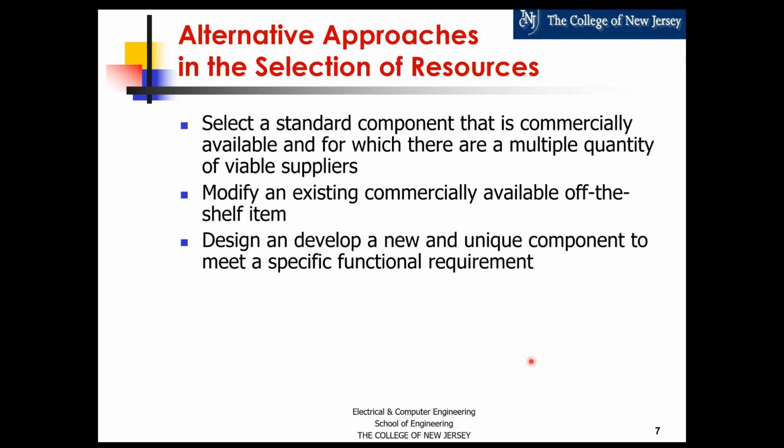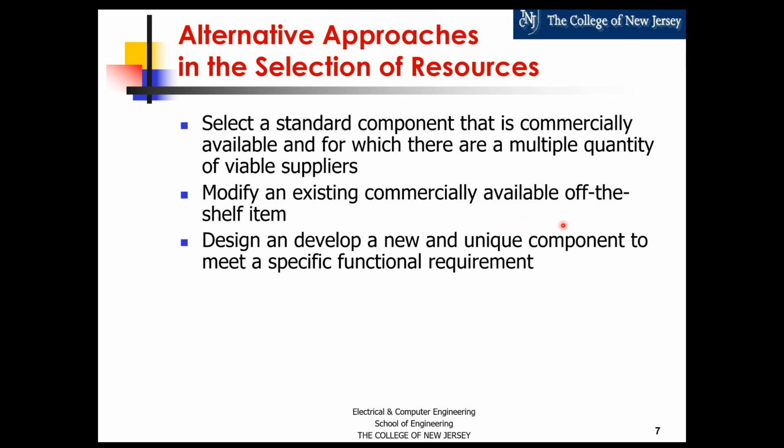But you have to look at it critically. You can have the choice of a component or part that is commercially available and off the shelf. You can also modify an existing commercially available off-the-shelf item, or you can make your own and develop your own technology from scratch.